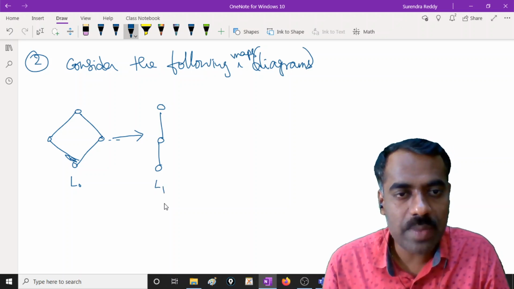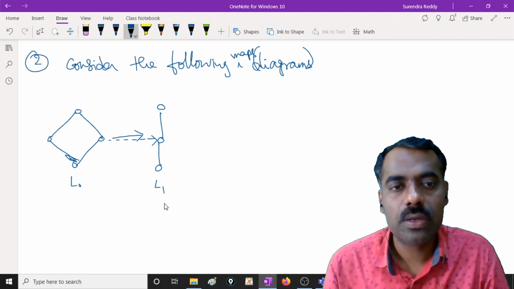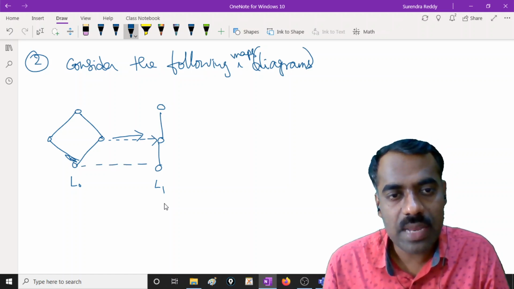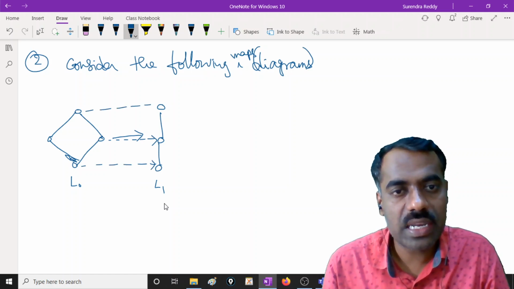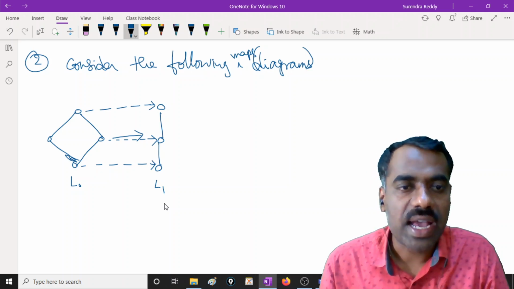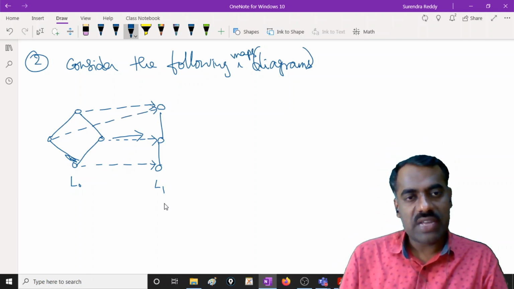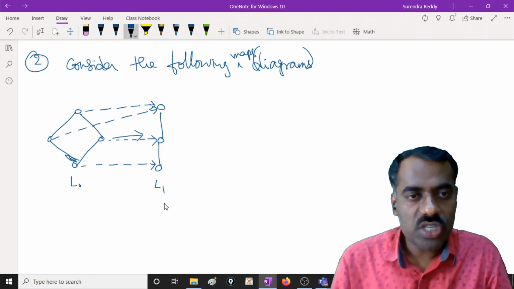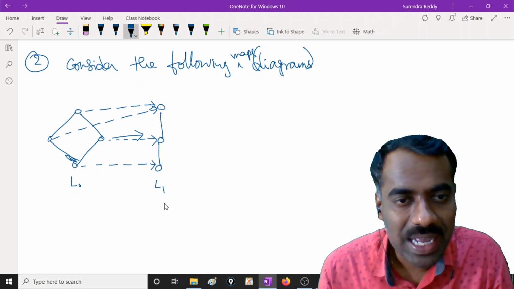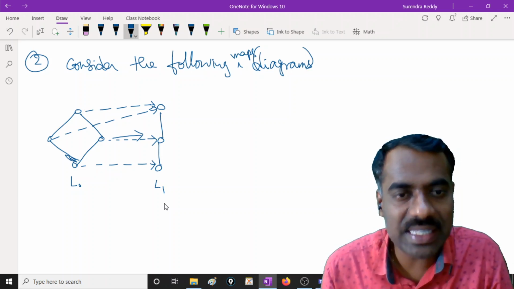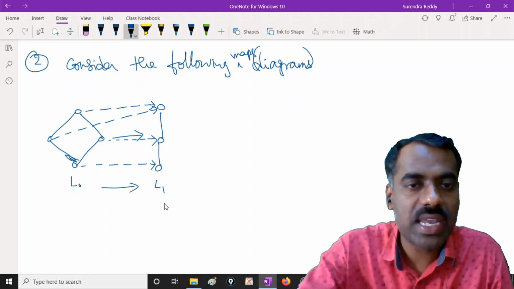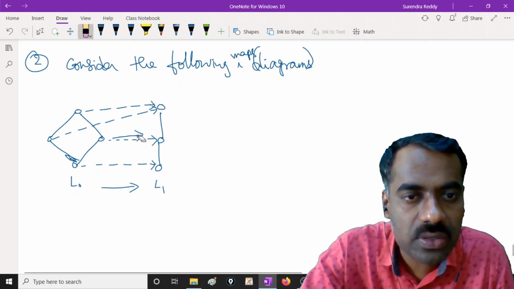You map this element to this, this element to here, and this element to this, and because every element here should be mapped, I will map this element to this. What is the meaning of this? These two elements are mapped to this one, and this one is mapped to this. This is the map. Are you following? I can remove this inside so that you don't have confusion.